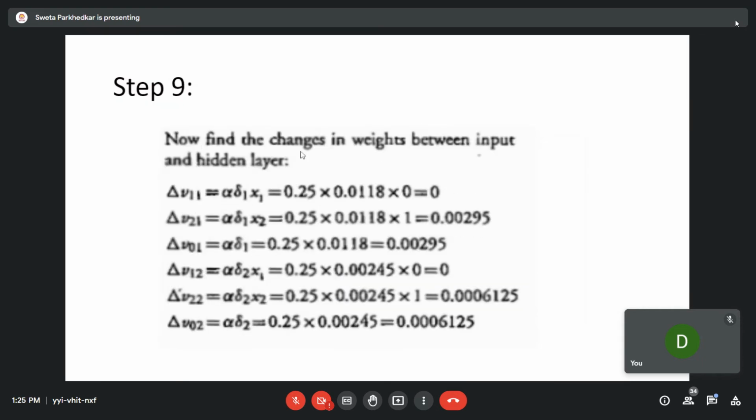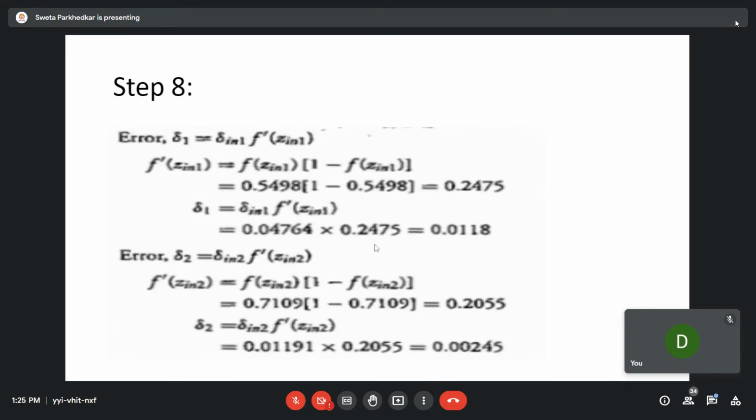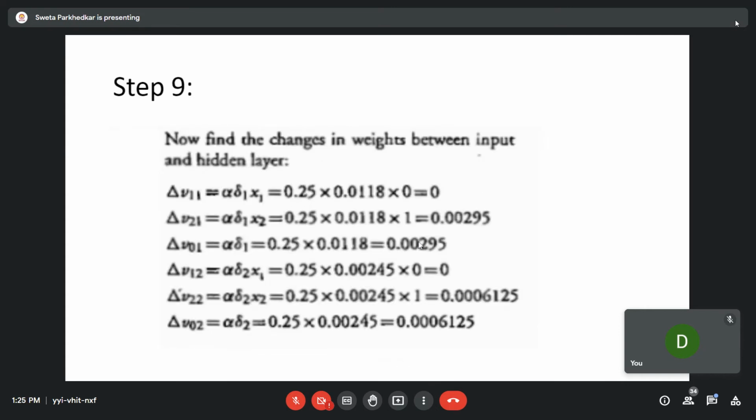This is the change in weight delta V11. So it's alpha delta 1 into x1. So x1 here is 0, right? Alpha is equal to 0.25. Delta 1 we have just calculated, 0.0118, right?